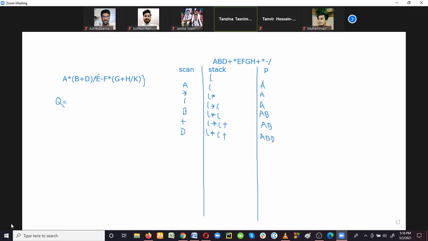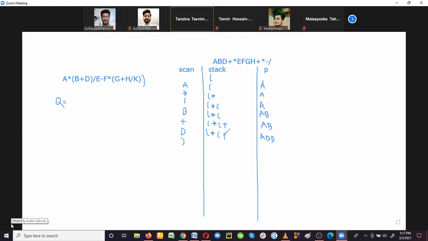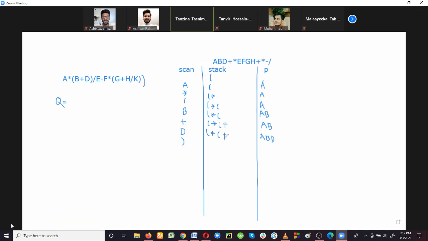Okay, after that, this is a right parenthesis. And what is the rule or what is the formula? If a right parenthesis comes, then pop all the operators from the stack until you got a left parenthesis. That means we can pop only one operator, that is plus. And after popping that data element, there will be only 2 elements. One is left parenthesis, another is multiplication operator.